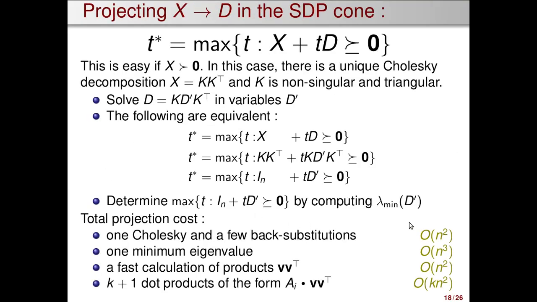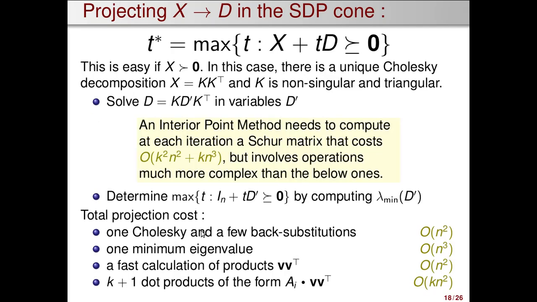Okay, the complexities are given here, but they do not have much impact on the reality, because at least in my MATLAB implementation, most of these operations are really much faster than what this may suggest, at least when I compare to an interior point method that needs to compute at each iteration a so-called Schur matrix, which asks for this complexity. However, the calculations behind this are crazy compared to performing a dot product here.